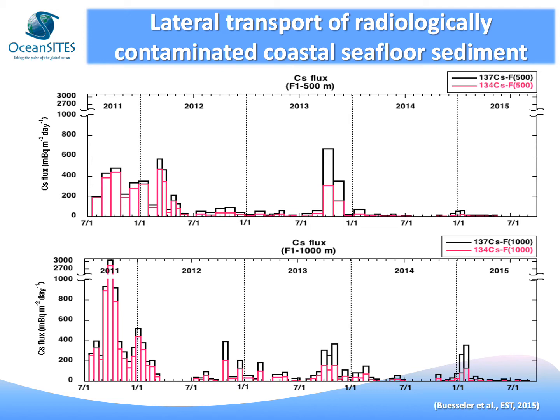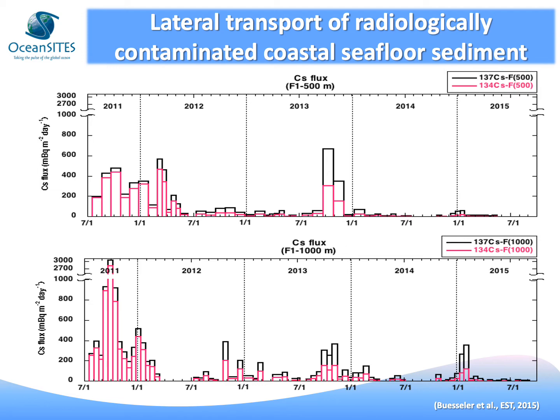And peaks of radiocesium flux appeared in autumn and winter when typhoons and low pressure systems passed near the Fukushima area. In general, radiocesium flux at 1000 meters, lower panel, was higher than that at 500 meters, upper panel.